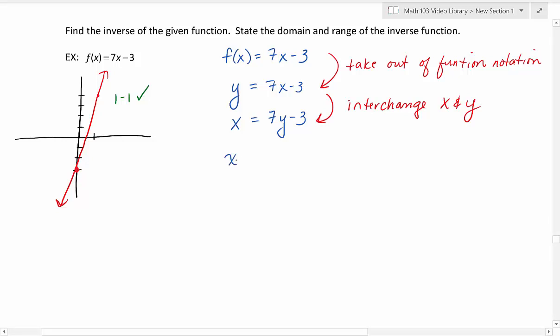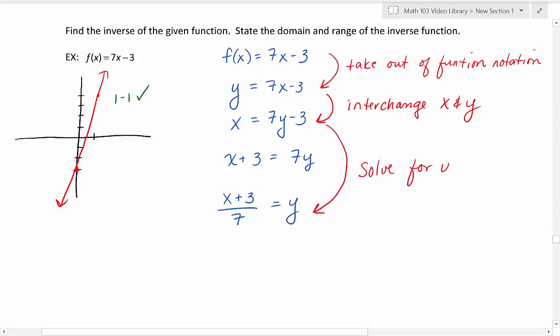We'll start by adding 3 to both sides, and then dividing both sides by 7. We get y to be equal to x plus 3 over 7. That is our inverse function, but now we need to put it back in function notation and say that f inverse of x is equal to x plus 3 over 7.